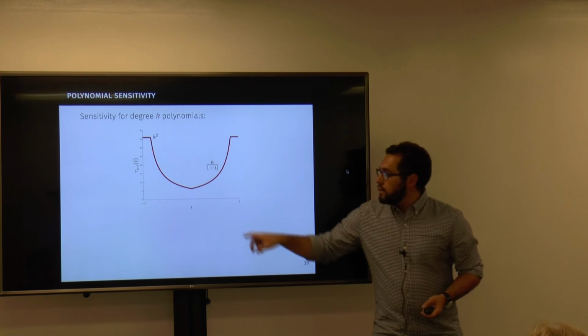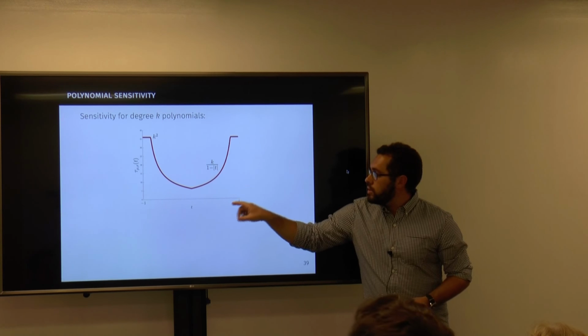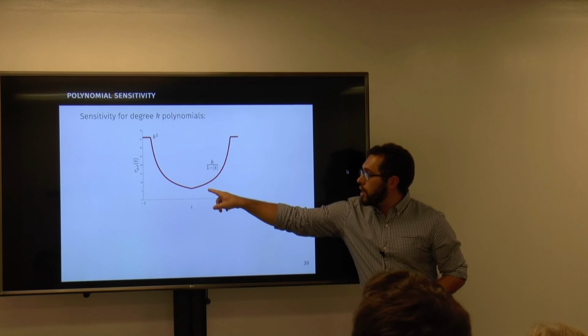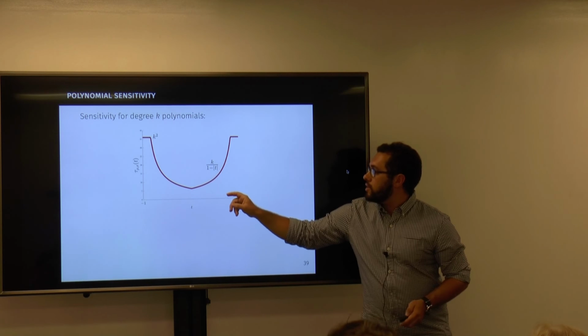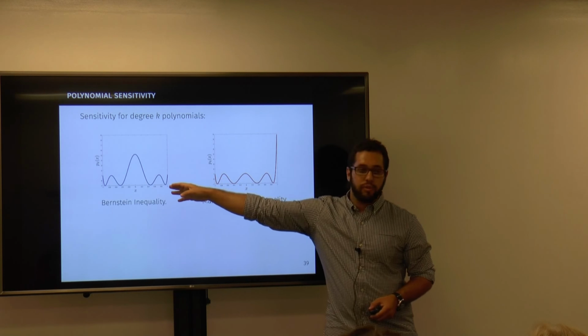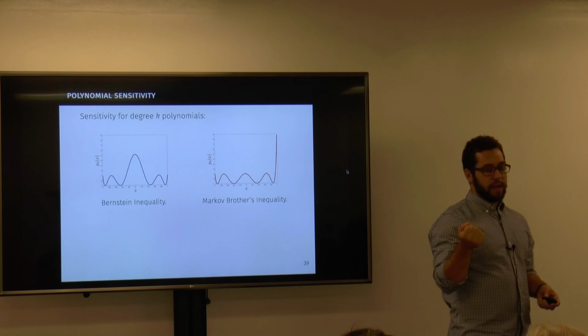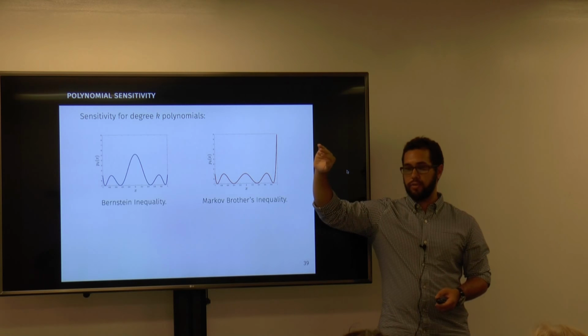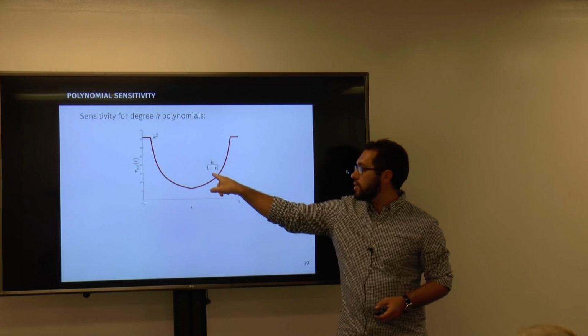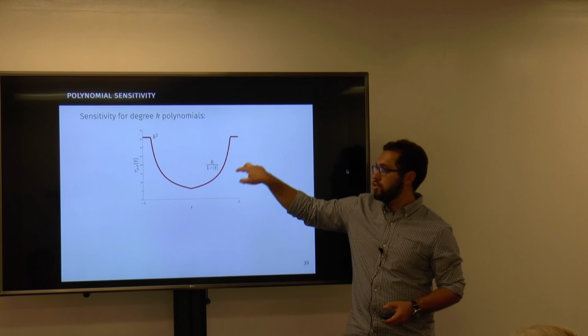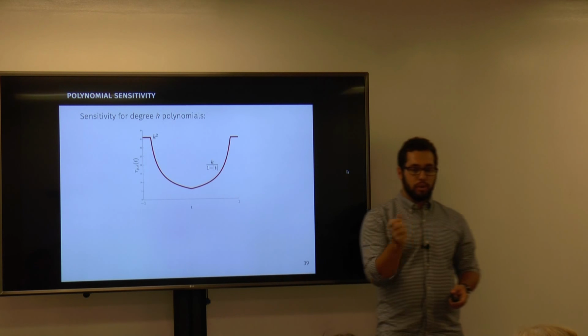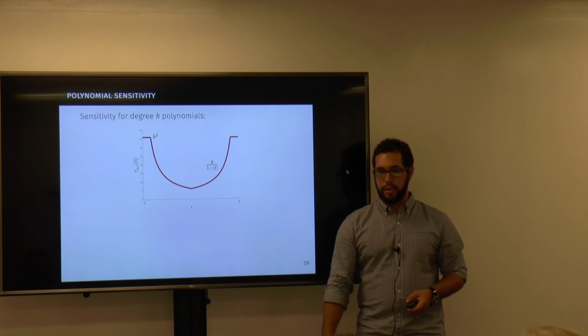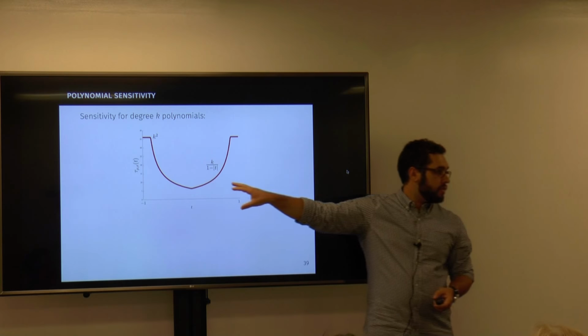Dead in the center of the interval, you can't do better than k. But there's a smooth transition to the edge of the interval, and that transition depends on 1 over your distance to the edge of the interval. So it's just linear in 1 over the distance to the edge. So you get a plot that looks like this.